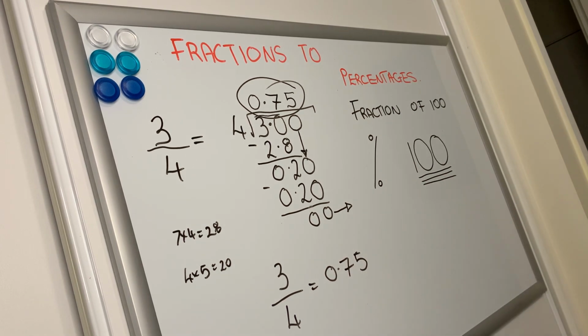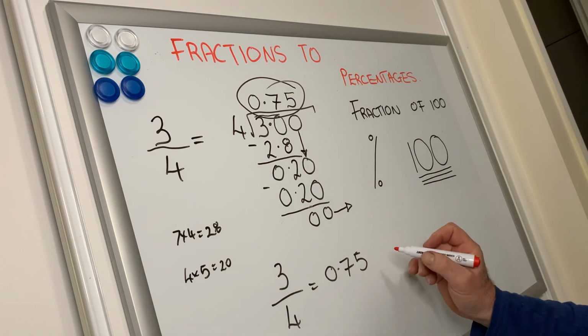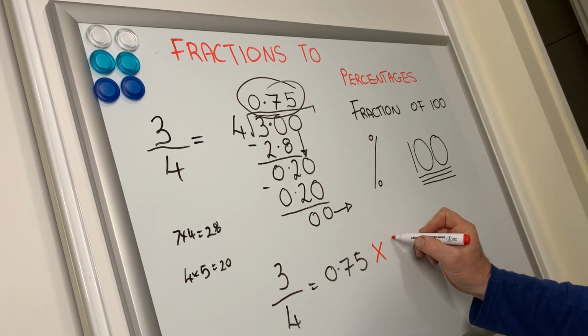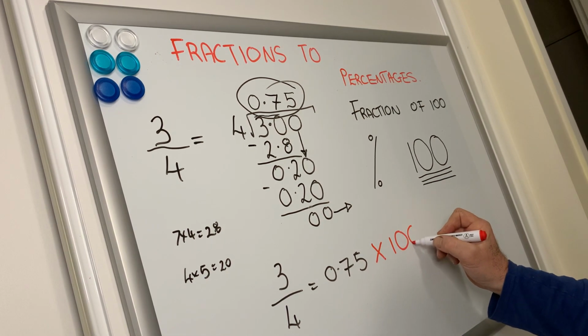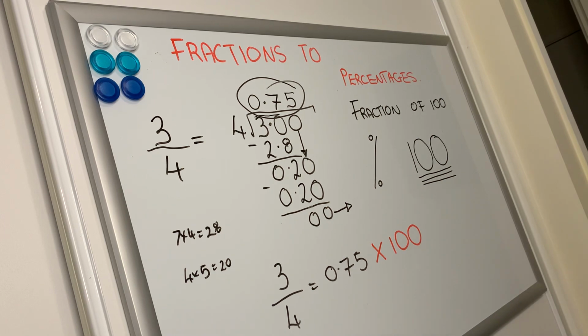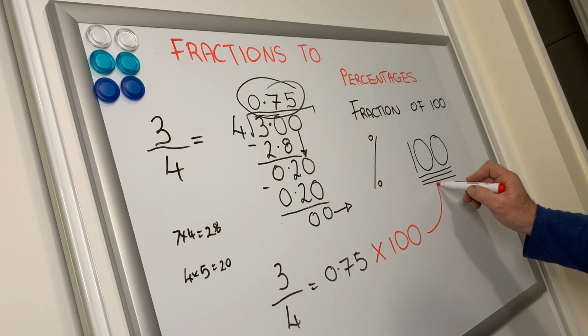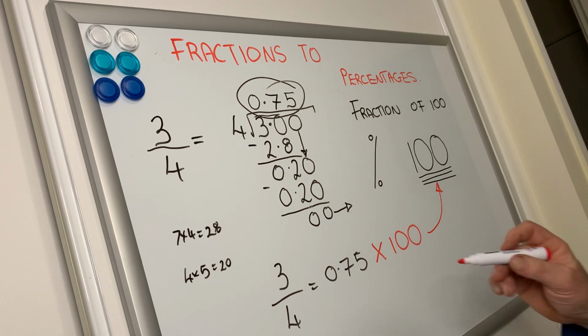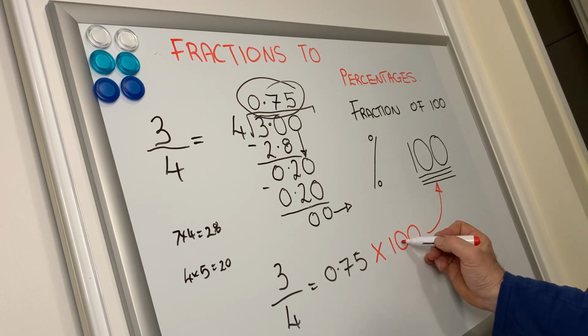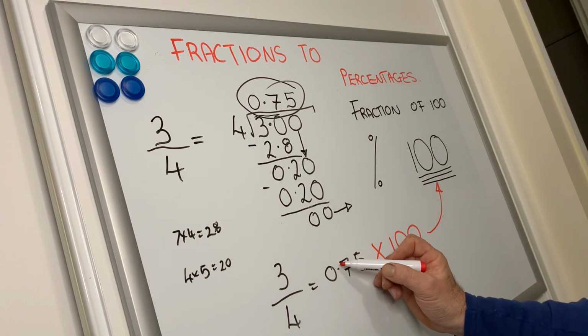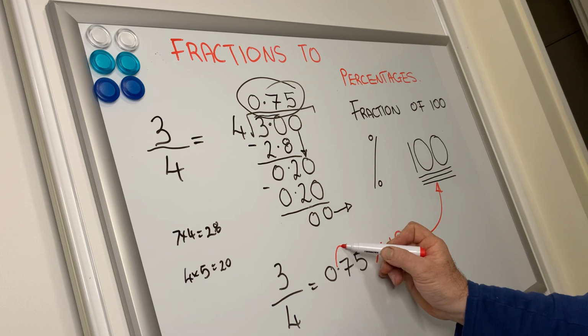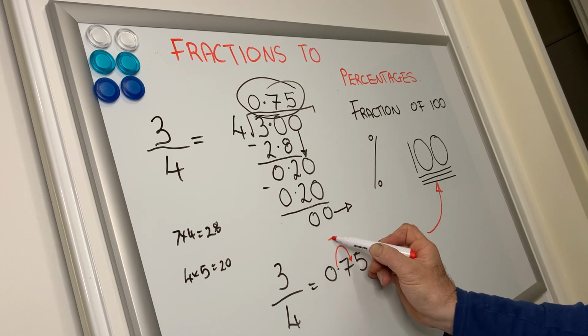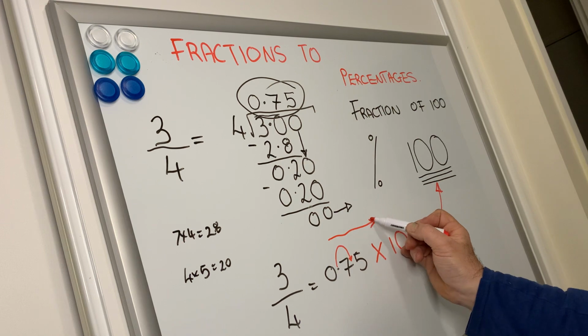Now we have a decimal, and we want to change that to a percentage. So what we can say here is 0.75 times 100, because remember when we're talking about percentages, we're always referring back to 100, a fraction of 100. What I do here is, because we've got 2 zeros, this is the decimal point here, and we're going to move the decimal point to the right 2 places.